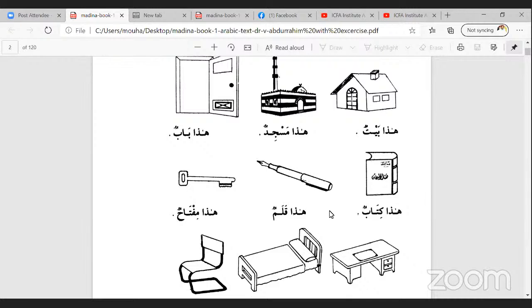Qaf is a tongue letter, very close to the throat, from the beginning of the tongue back right next to the throat, but it is the first tongue letter. So you have 6 throat letters: hamza, ha, ayin, ha, ghayn, kha.